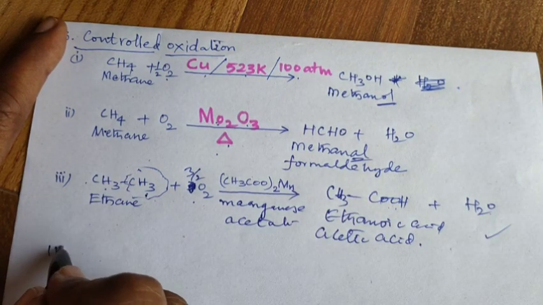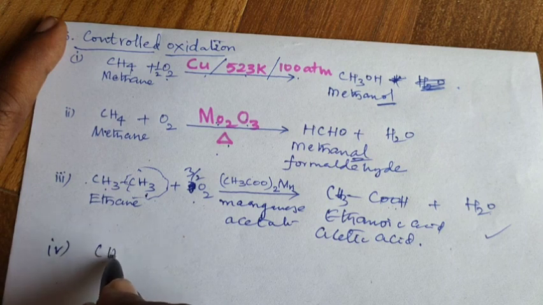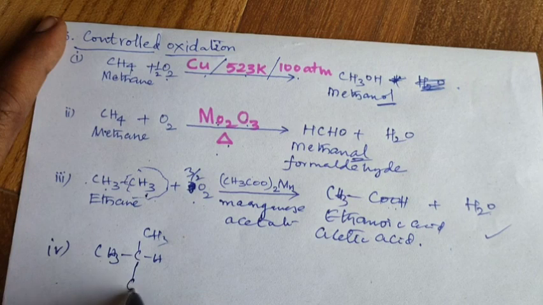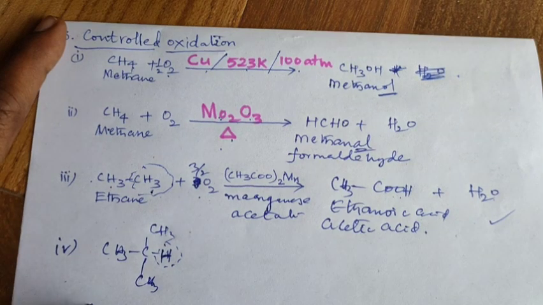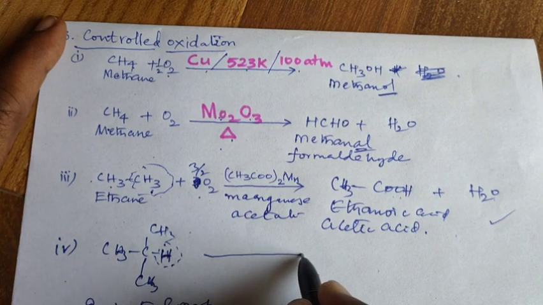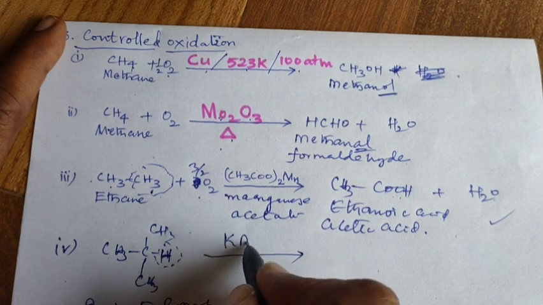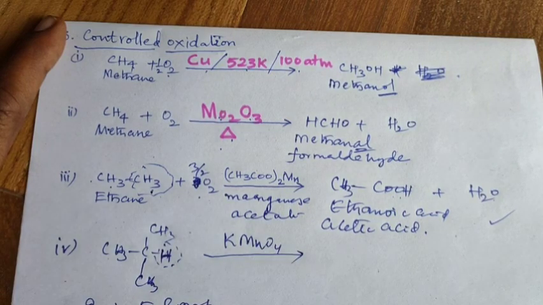And it is another one. Yes, the last one is, if you take a CH3, CH3, which has a very reactive hydrogen. This tertiary hydrogen is very reactive, and it is known as 2-methylpropane or isobutane, is oxidized in potassium permanganate oxidizing agent.